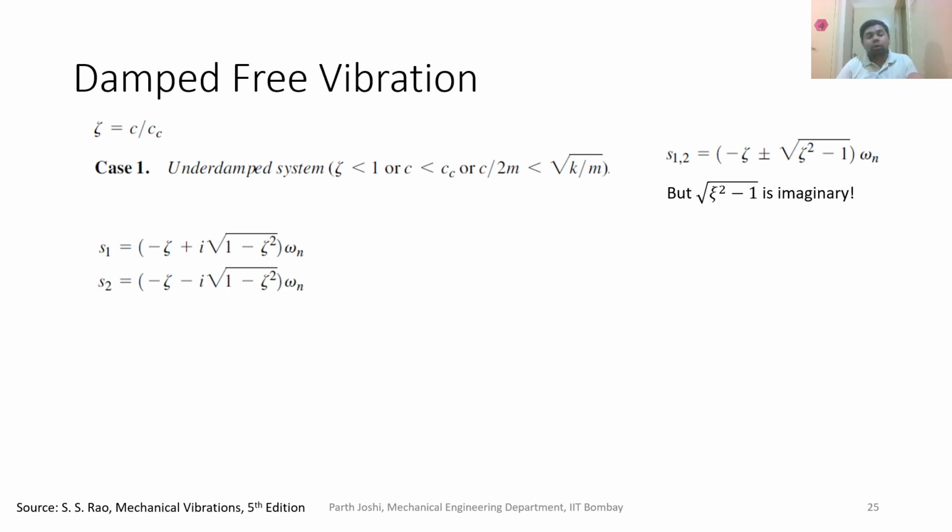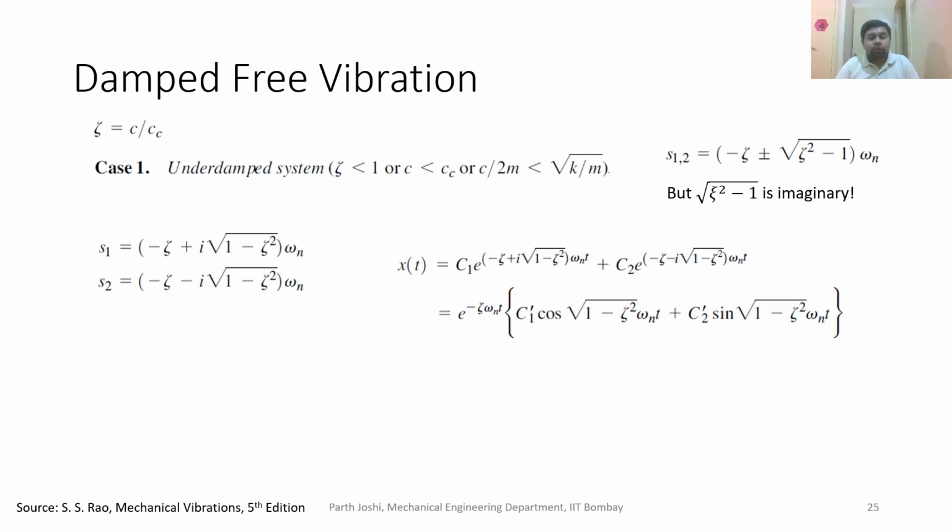Then we'll have two complex roots, which have a real part and an imaginary part. So we can write the general solution in the same way, c1 e to the power s1t plus c2 e to the power s2t, and then find the coefficients c1 and c2 by substituting the initial conditions.